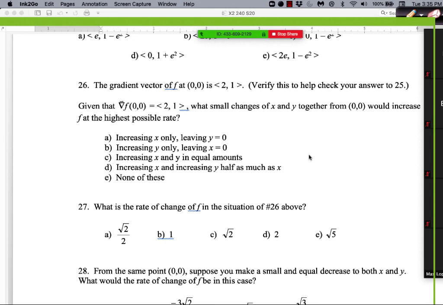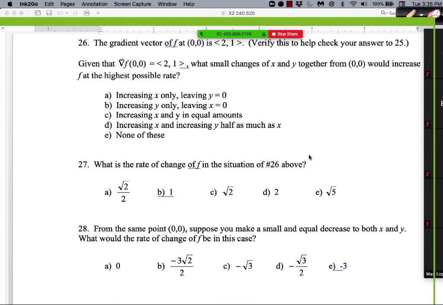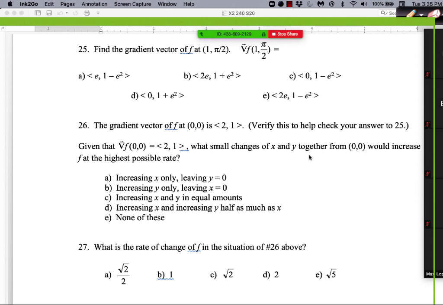All right. What is the rate of change? All right, so again, the gradient gives the direction of rate of change, and the magnitude of the gradient is the magnitude of the greatest rate.